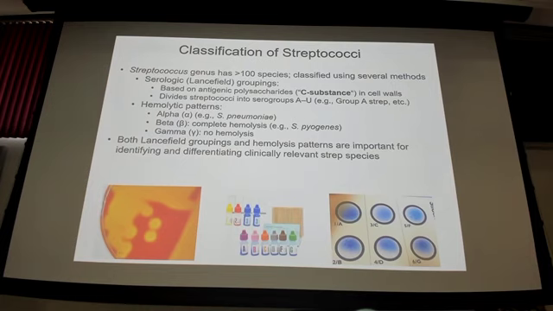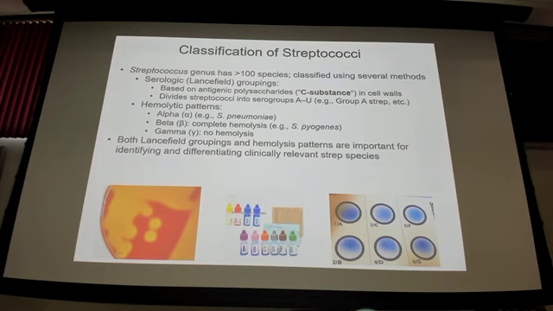The only ones that are really important to know are groups A, B, C, and D. Those are the ones we'll primarily talk about, and of those, group A and group B are really the important ones. Not all strep species are typable. Some of them don't have Lancefield groupings because they don't have a specific antigen in that C substance in the cell wall. So we'll talk about those as well.